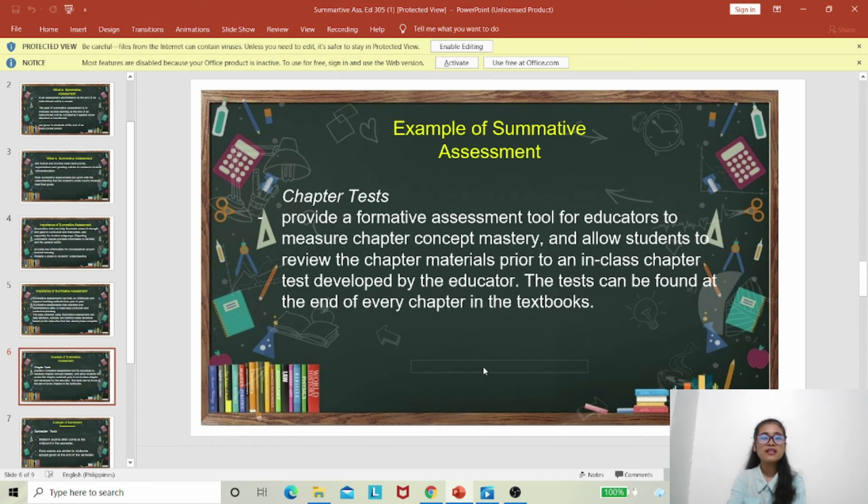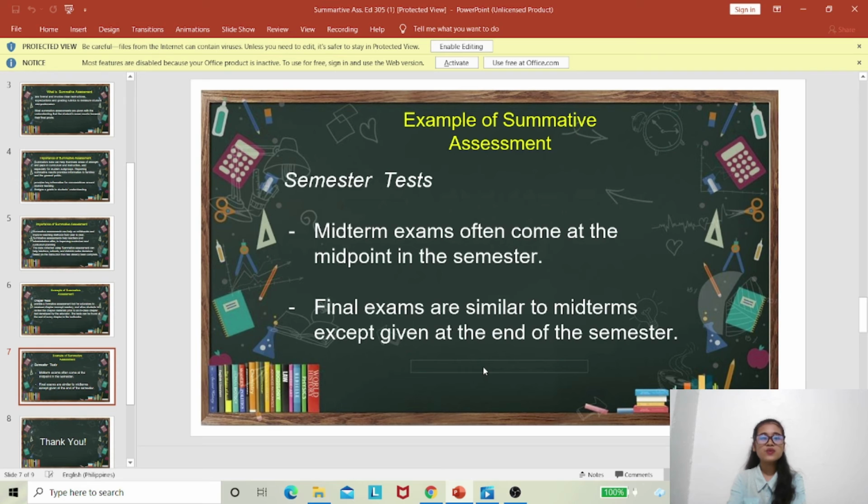As I've said, summative assessment will be given at the end of the unit. So obviously, the chapter test is given at the end of the unit or of the chapter. And next we have here semester tests.